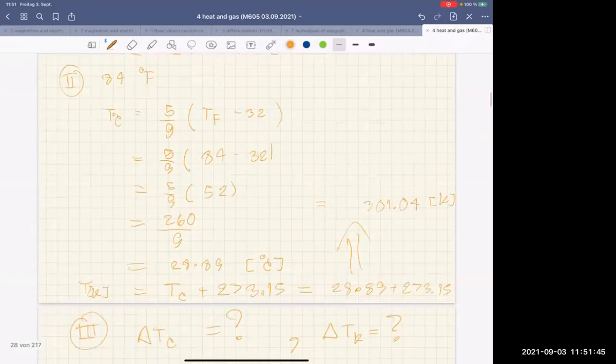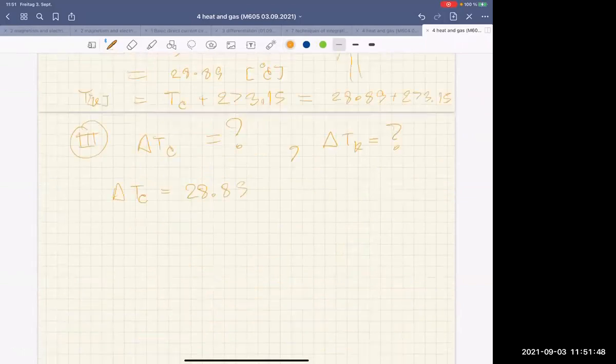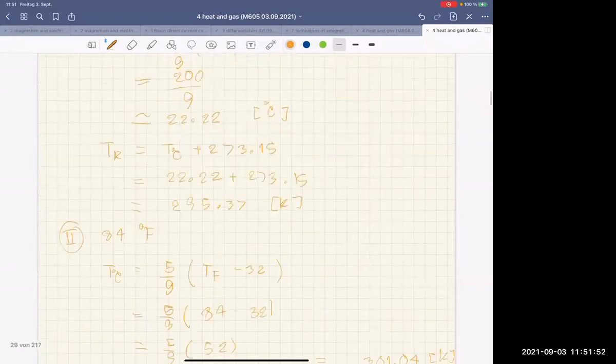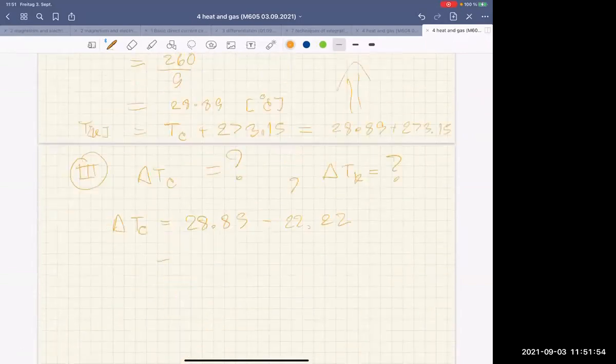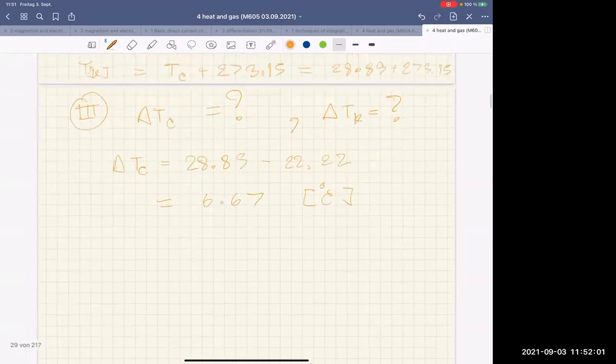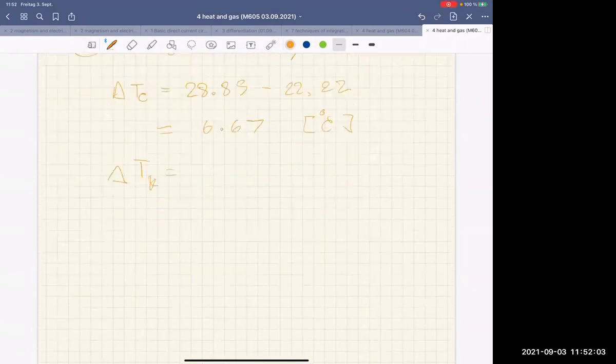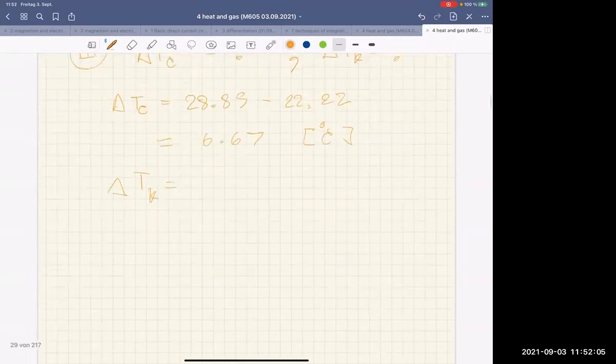28.89 minus 22.22, right? It's going to be 6.67 degrees of Celsius. And for the delta TK, the difference of temperature in Kelvin scale is going to be the same thing actually.